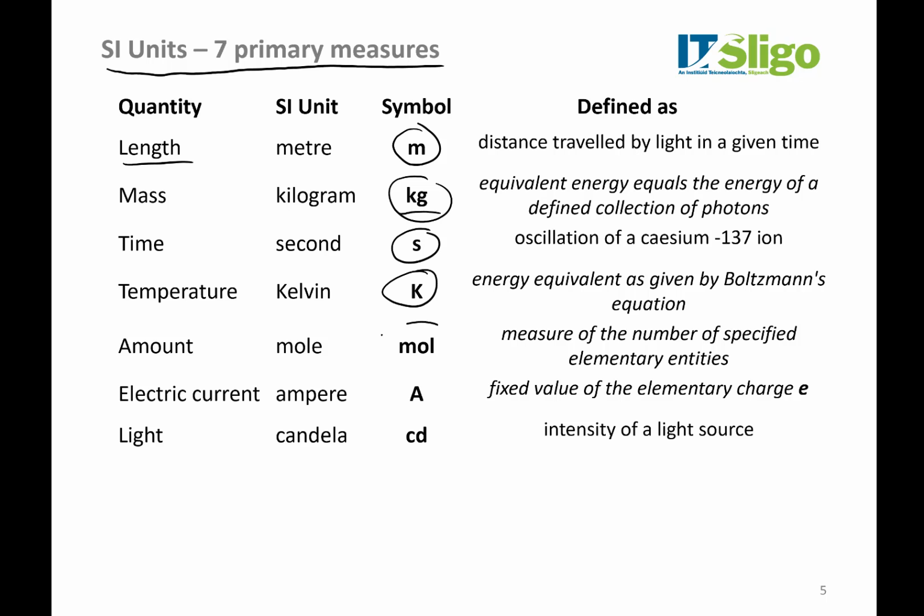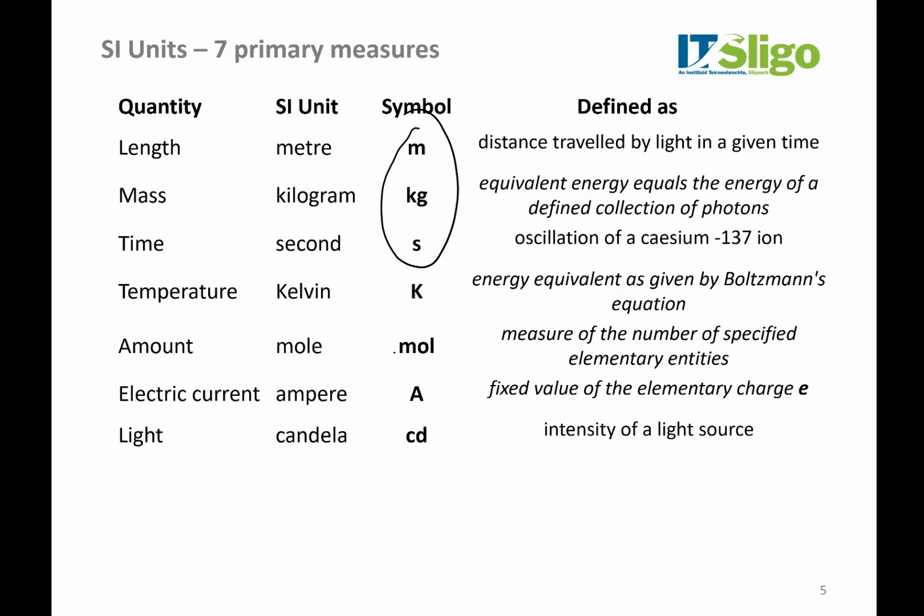Kelvin for temperature, mole for amount, ampere for electric current, and candela for light. In this module, guys, we're generally going to be dealing with these ones. We might touch on this one. We won't touch on kelvins really, but we will a little bit later on with the mole. These are called the base units.